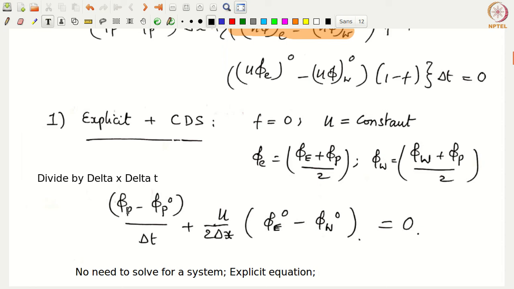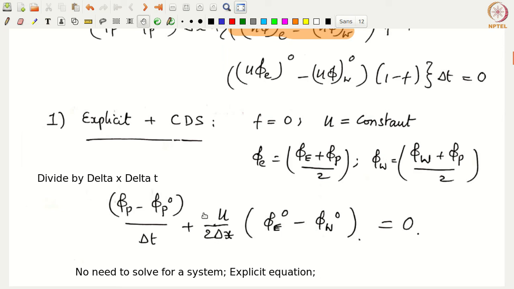Of course, we can do a truncation error analysis on this particular discretized equation to know what is the spatial and temporal order of accuracy. And also we can do a von Neumann stability analysis, right, and see if that is stable or not. Similarly, we can also understand what is the modified equation for this to see whether it works or not.